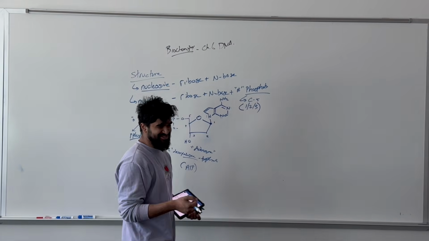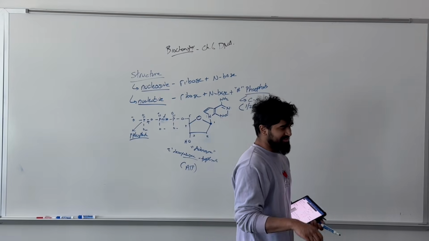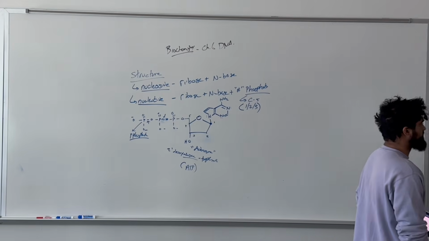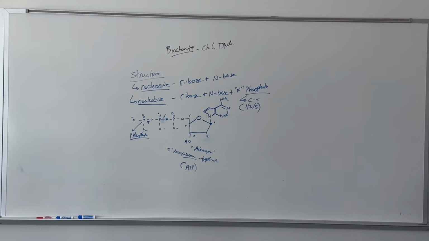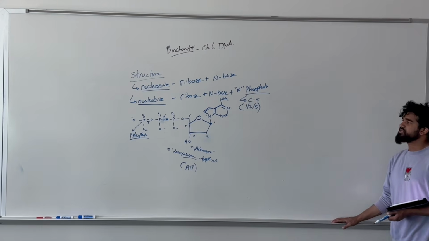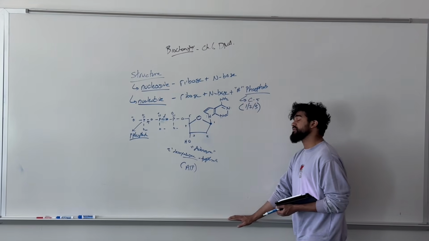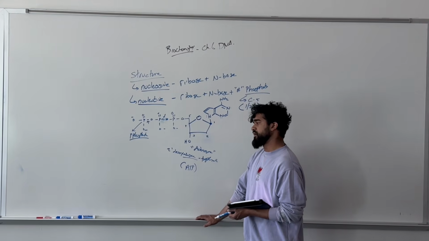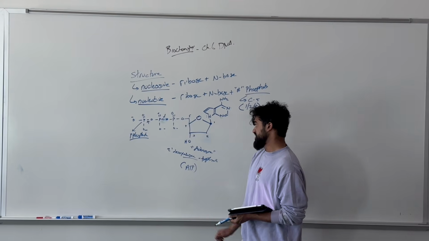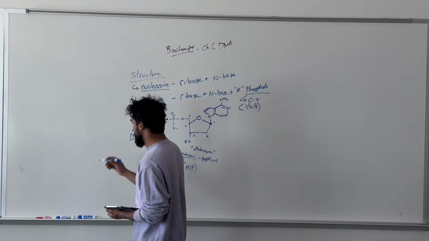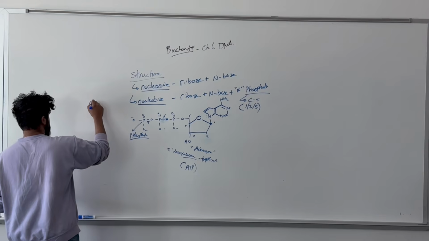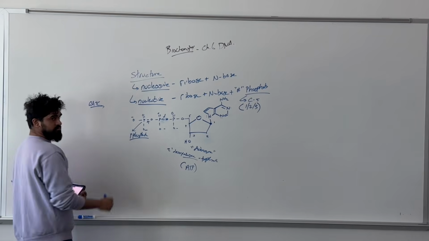If you want to go the extra mile, you can memorize the nitrogenous bases. One thing I would know, just in terms of the nitrogenous bases, is the order in which they grow.